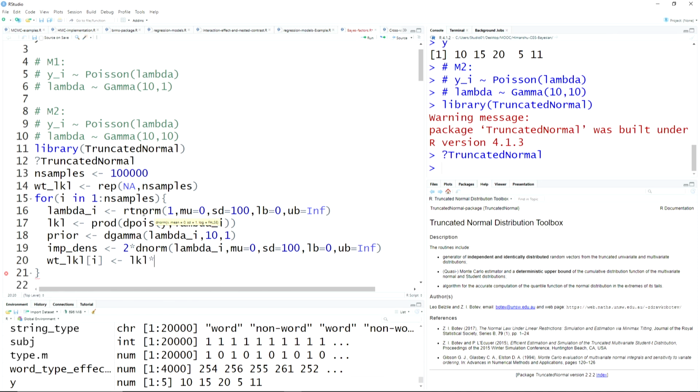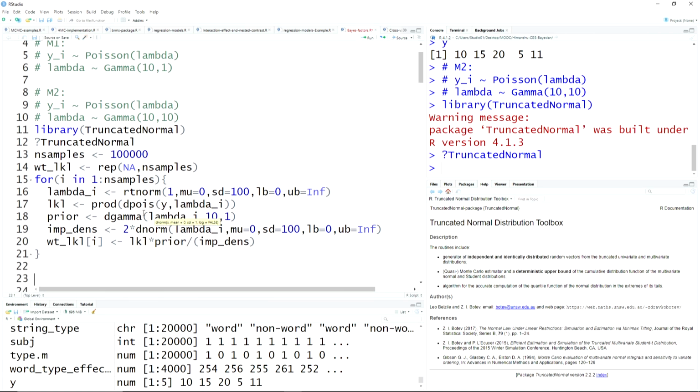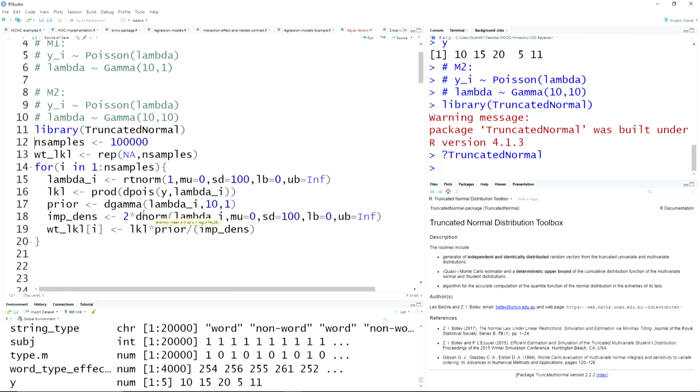This is likelihood into prior divided by importance density. Basically, I am storing likelihood into prior divided by importance density for each proposal. And in the end, once I get this vector, I can take the average of this vector. That would be the approximate marginal likelihood for model 1.